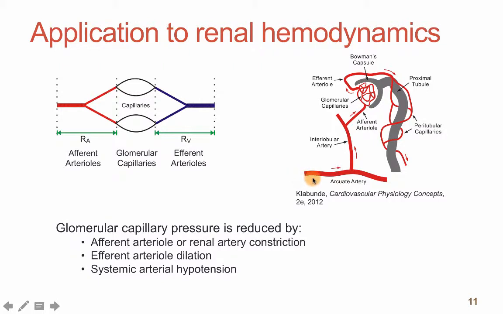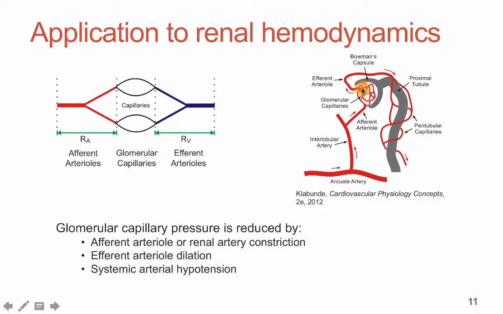Within the kidney, coming off of the renal artery, there are subsequent arteries, smaller arteries, and I've shown here the arcuate and then the interlobular artery, giving rise to an afferent arteriole. The afferent arteriole you can think of as the terminal arteriole that then branches into a tuft of glomerular capillaries.